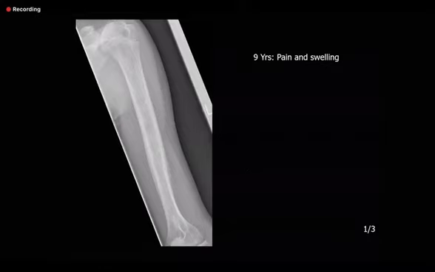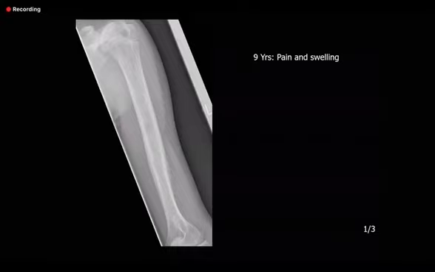Yes, please. Sure. So this is a 9-year-old with pain and swelling, and this is a frontal radiograph of the left upper arm. I can see an abnormality in the shaft of the humerus with cortical thickening, and I can also see an area of periosteal reaction.